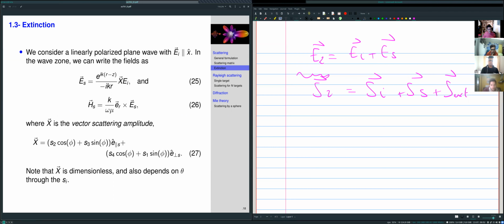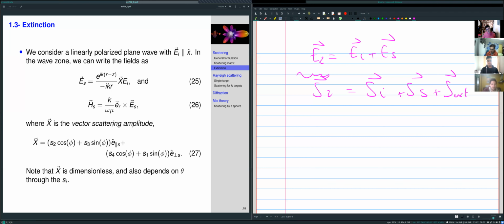So we can write the incident field this way, where E_I is a transverse wave traveling in the Z direction, and the incident field is only linearly polarized in the X direction. The scattered field is going to be a linear combination of these incident components, where S is the vector scattering amplitude.